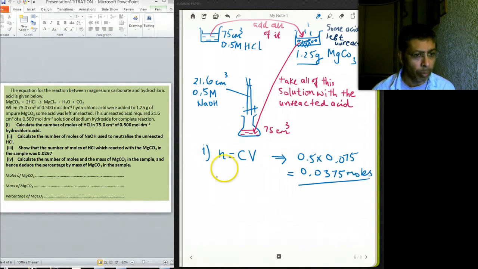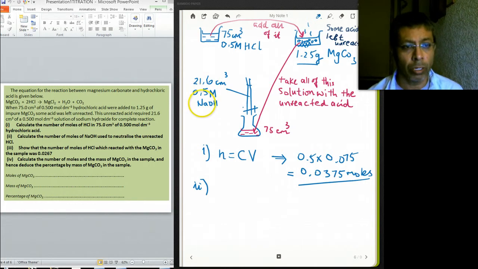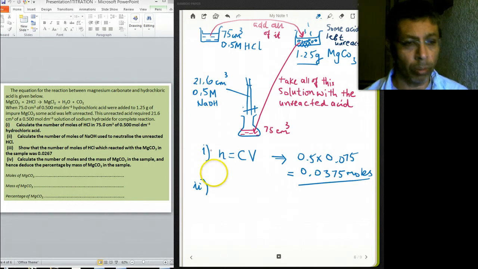Okay, part 2. Calculate the number of moles of sodium hydroxide used to neutralize the unreacted HCl, which is over here. Again, we've got the volume and we also have the concentration. So let's work out our number of moles.